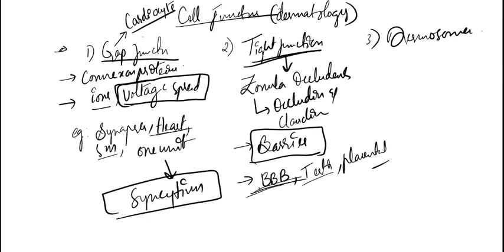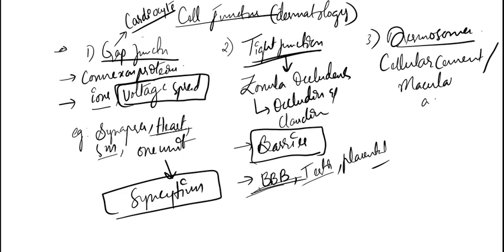Now we have discussed enough of it. Now we will discuss desmosomes. Desmosomes are also called cellular cement, or you can also define them as macula adherens.